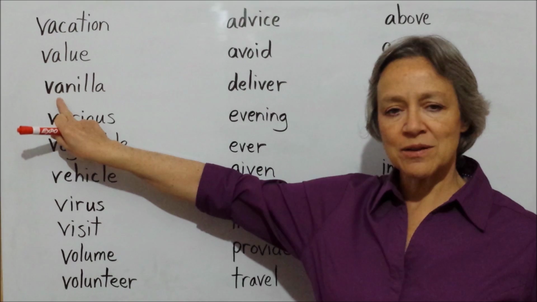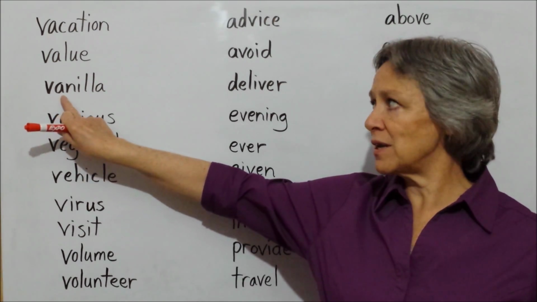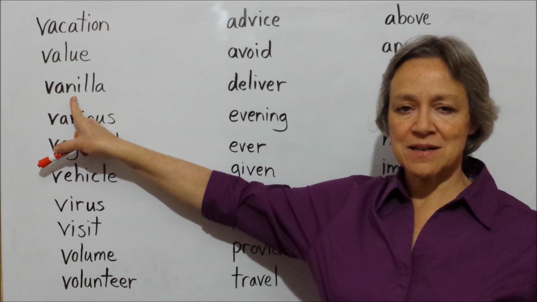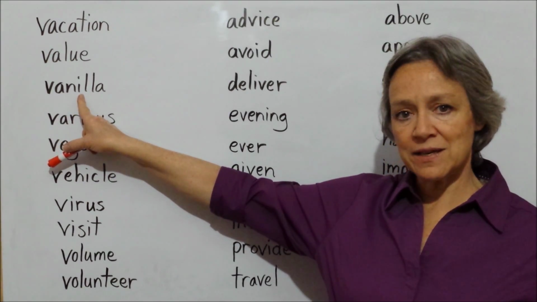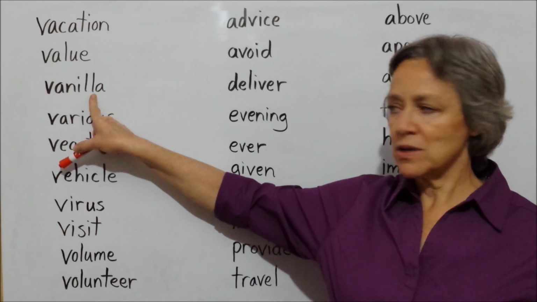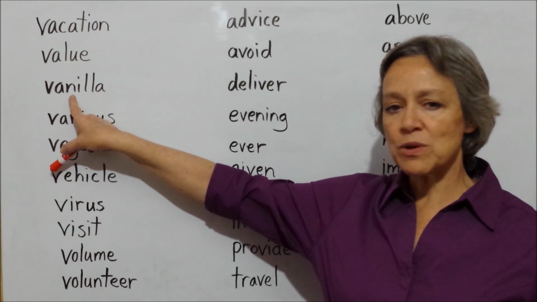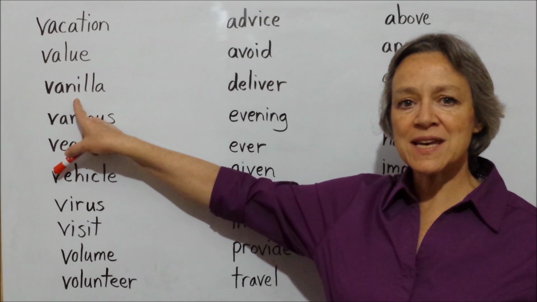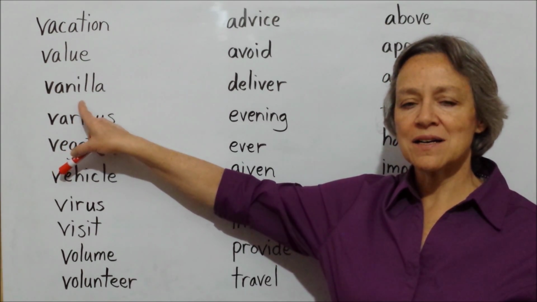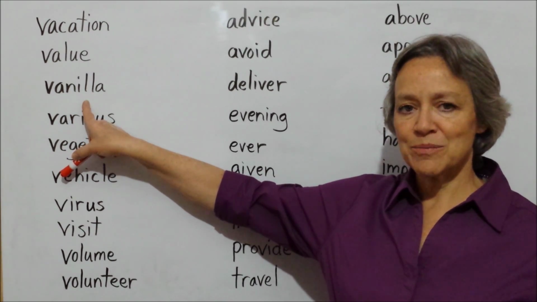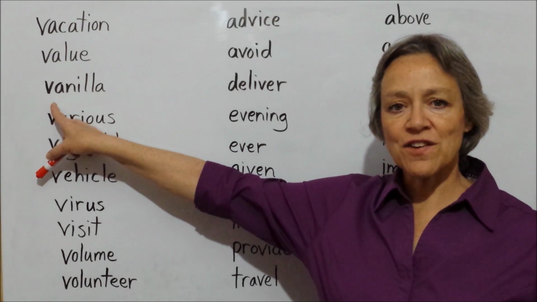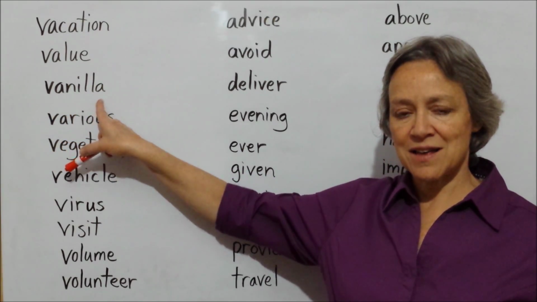So we have the V sound and an A. Then we have a N sound with the vowel I, and we have the O sound. So we move from the N, containing the vowel, nil, nil. Be sure to get the O sound in there, okay? Vanilla, vanilla.